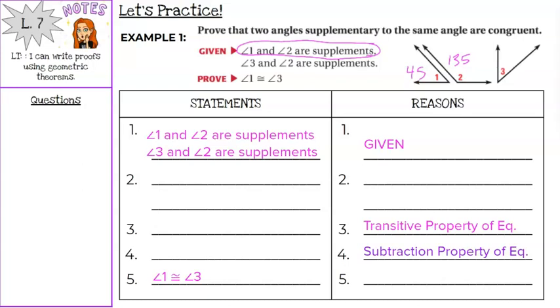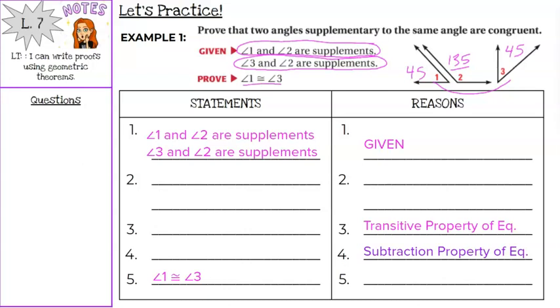But then we also know that angle 3 and angle 2 are supplements. Well, we already know angle 2 is 135, so to make them supplementary, angle 3 has to be 45. Which means that angle 1 and angle 3 have that same measure, which means they are congruent.